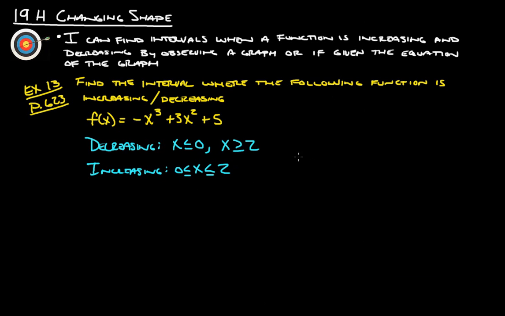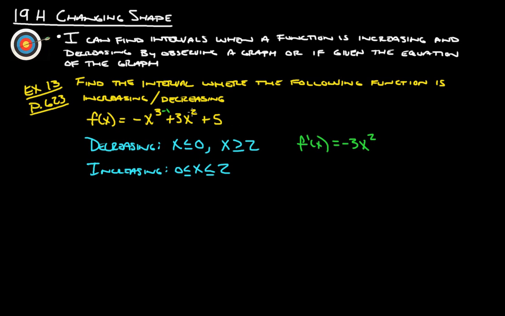So that's how you do it with a calculator. Again, you can do the same thing with derivatives. Here's f of x, so let's find f prime of x. So 3 times -x is -3x, we subtract 1 from that and we get x squared.